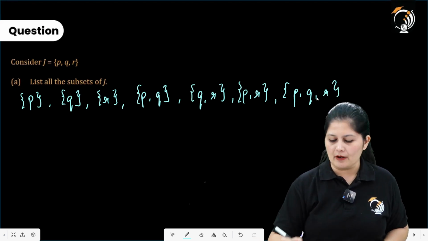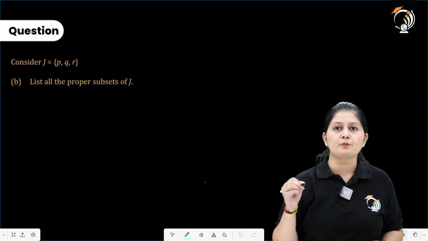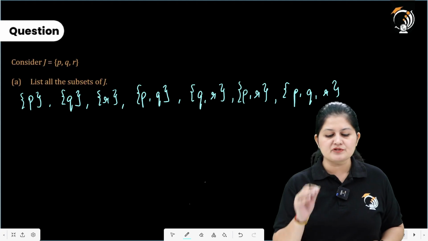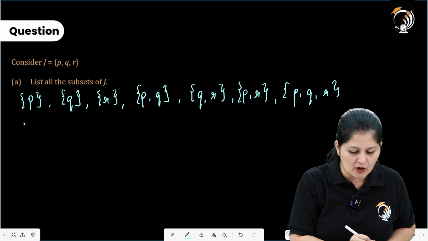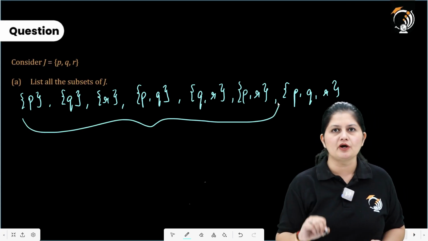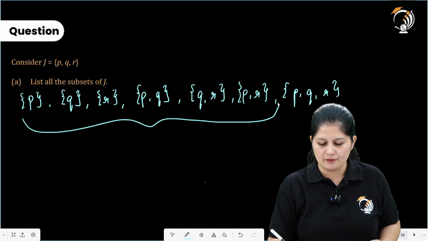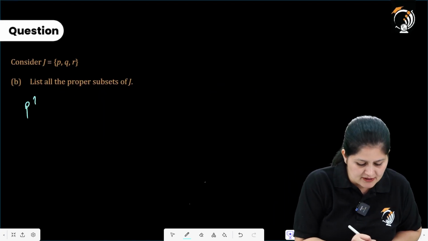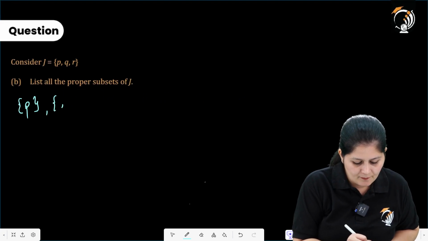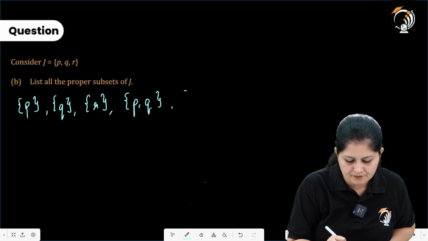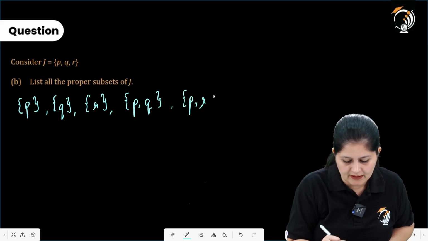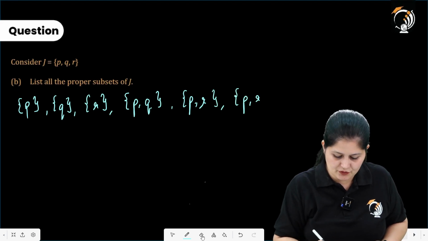But the next part asks you about the proper subsets. In proper subsets, the number of elements cannot be equal to the other set. So if I write the proper subsets here, that is going to be P, Q, R, PQ, PR, and QR.